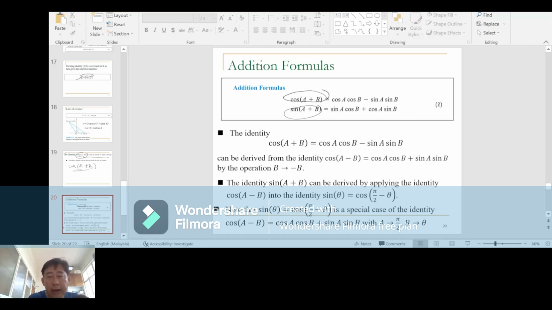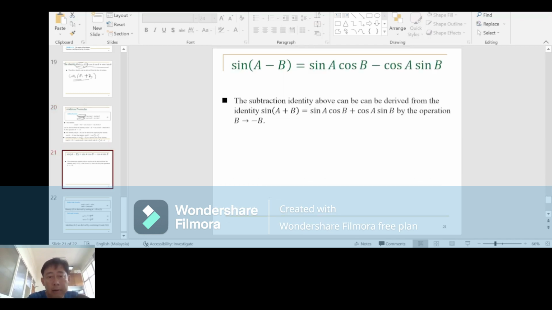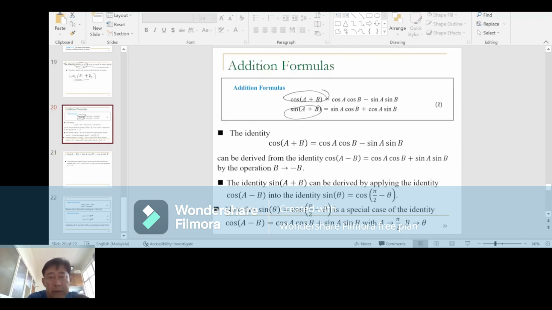Then you can also try to derive the sine of a plus b and also the sine of a minus b. I think, let me see here. I explained a little bit how the identity of sine of a and b can be derived.